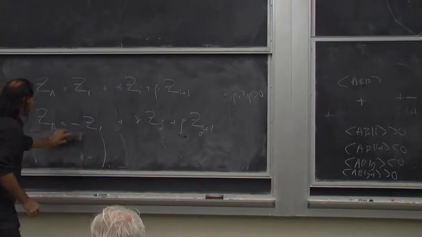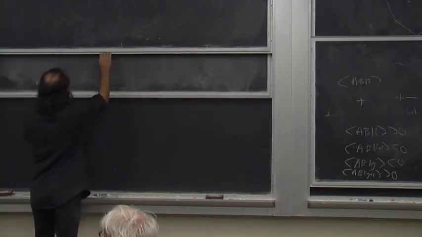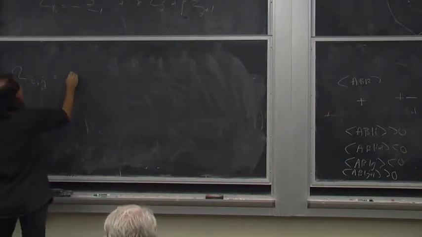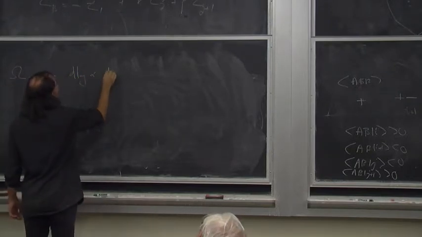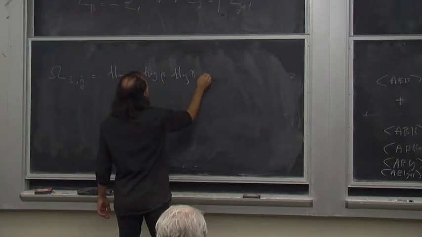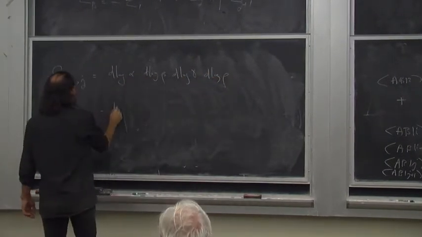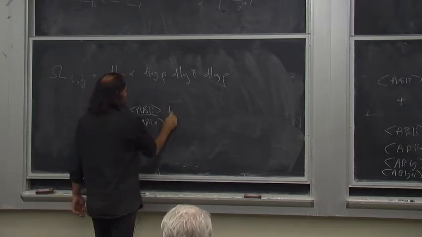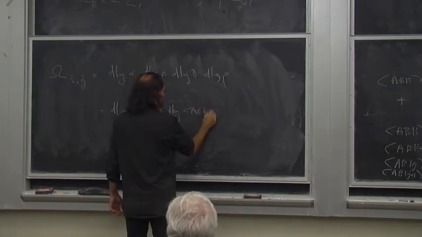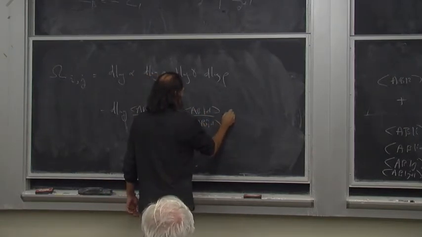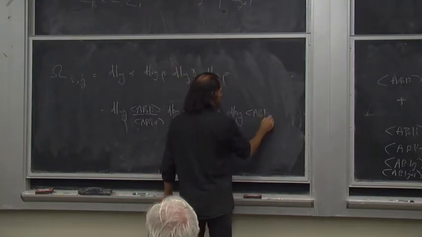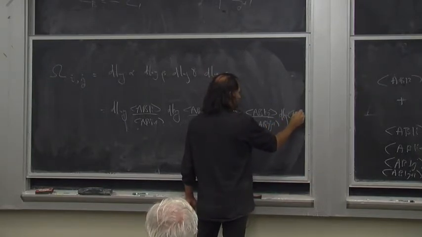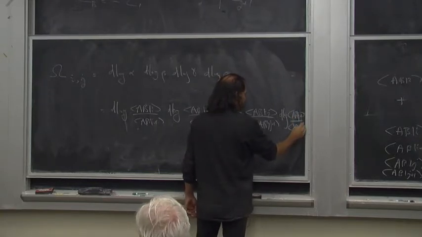The canonical form in this region, this omega for this place where the sign flip happens at ij, is just d log alpha, d log beta, d log gamma, d log rho, which is exactly d log AB 1 i over AB i i plus 1, d log AB 1 i plus 1 over AB i i plus 1, and then the other ones. Sorry for the messy writing at the end here.